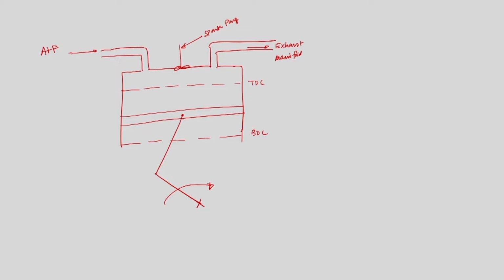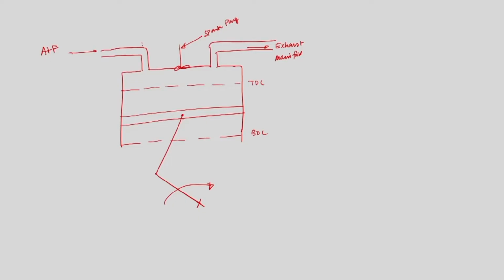The four strokes are the same for the CI engine, only in a CI engine we won't have a spark plug, we will have a fuel injector, and only air will be introduced through the intake manifold. We have an intake valve and this is the exhaust valve. This is the intake manifold, this is the exhaust manifold.